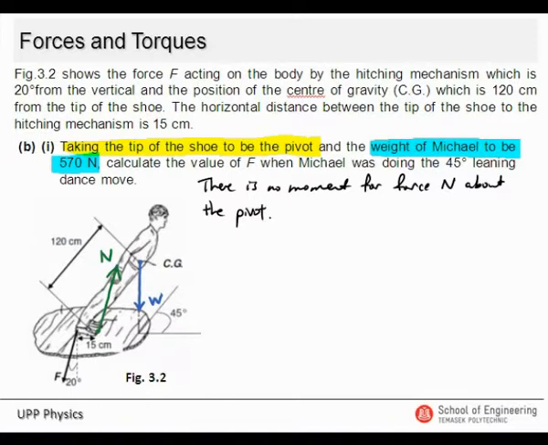Now how am I going to calculate the perpendicular distance of the weight W? Let me draw the line of action of the weight W. And the distance is from the tip of the shoe to the line of action. So this distance, let's call it D. Now how am I going to find the value of D? Let me draw a triangle.